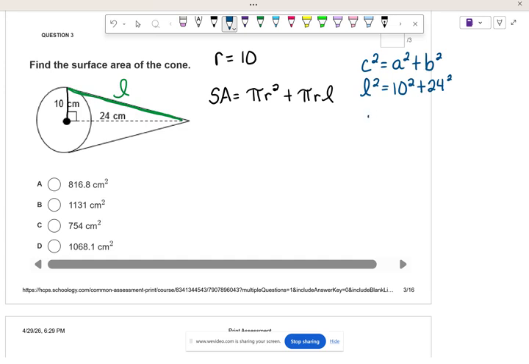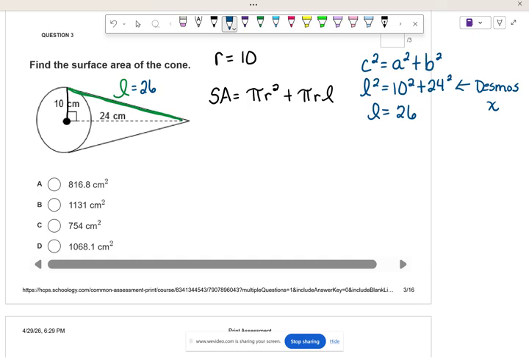And I got the slant height is 26. All I did was type this in Desmos, but I replaced the L with an x. So I really typed in x squared equals 10 squared plus 24 squared.